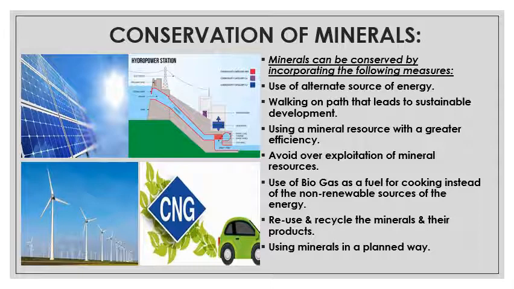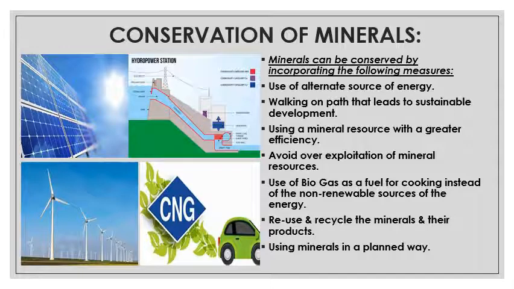Second, working on a path that leads to sustainable development. Development should be there, but it should not be at the cost of nature. For example, take our school. In front of our school there is a road.